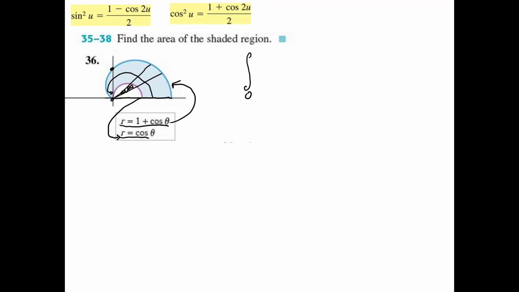But at pi, I'm at the pole. So this goes from 0 to pi. And then again, 1/2 r squared d theta.